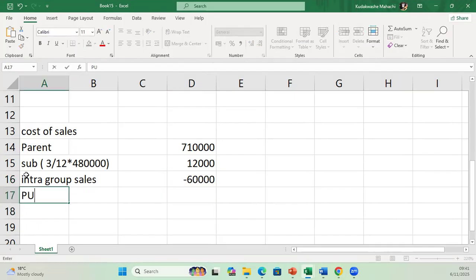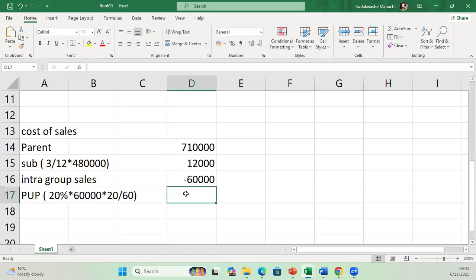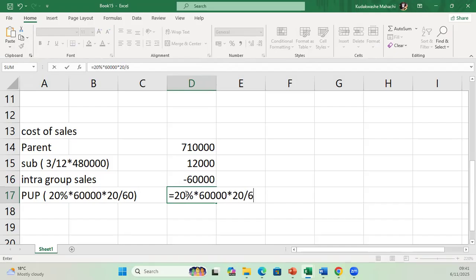Then we add the provision for unrealized profit. So first, the markup of 25% means the margin is 20%. So it's 20% times sales of 60,000 times the proportion of goods in stock, 20,000 over 60,000.